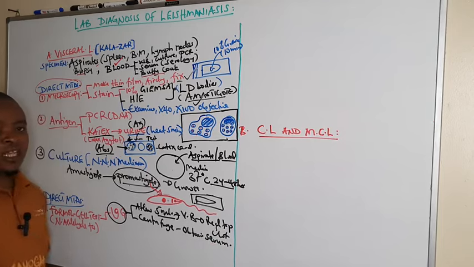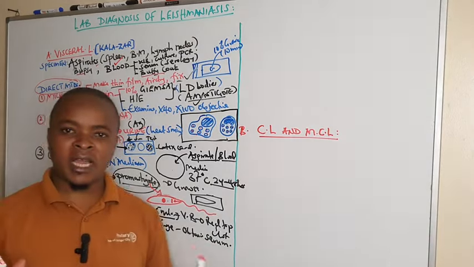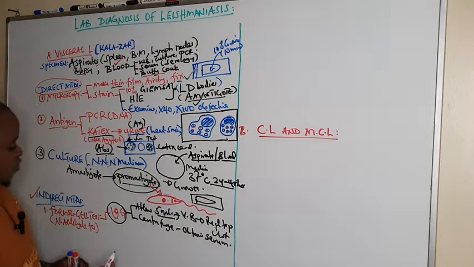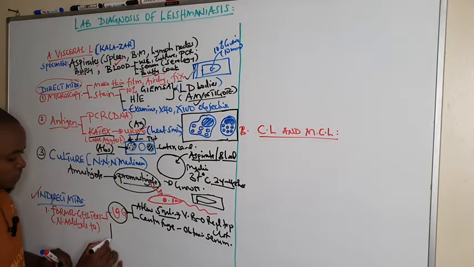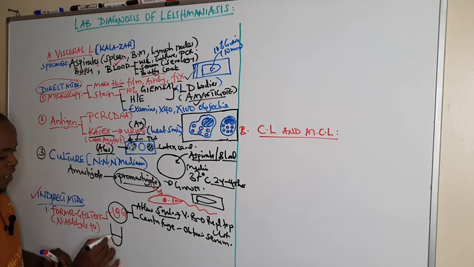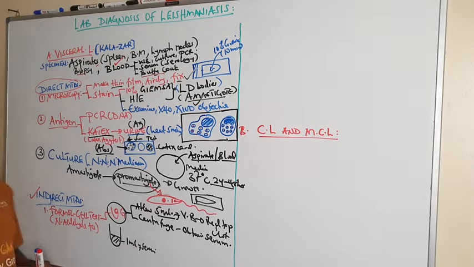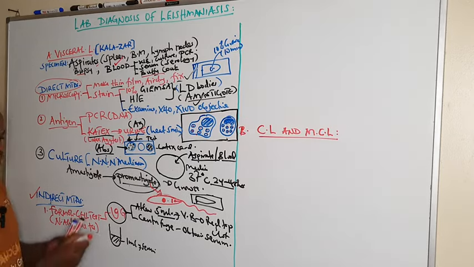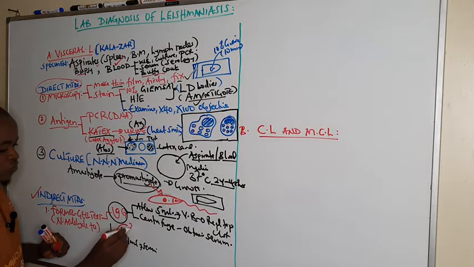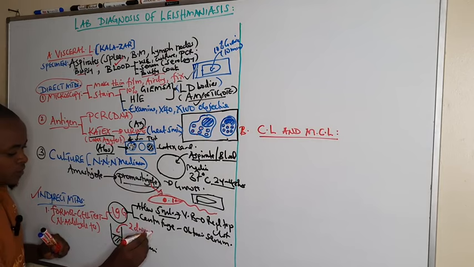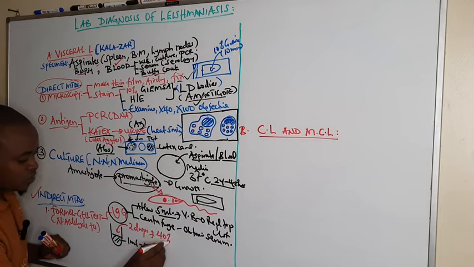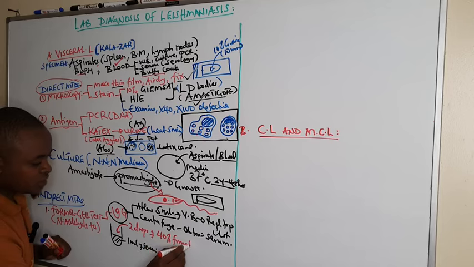After getting clear serum, which is free from any blood cells, you get a clean tube. You add 1 ml of serum from the patient, then add 2 drops of 40% or concentrated formaldehyde, formalin.